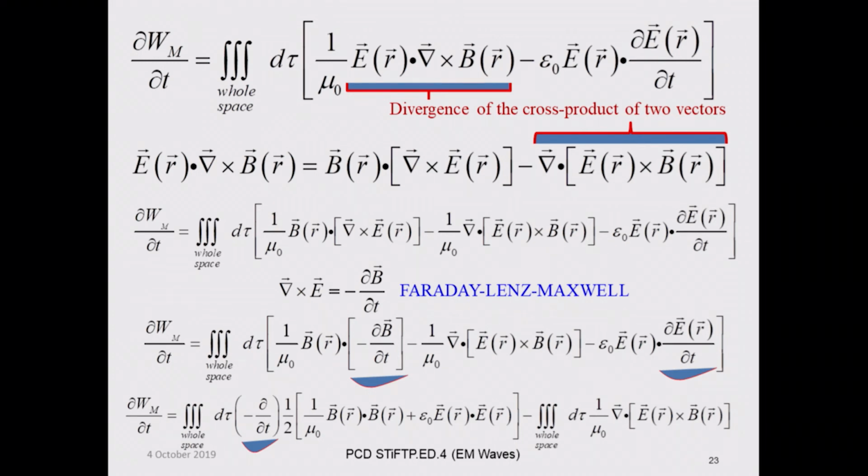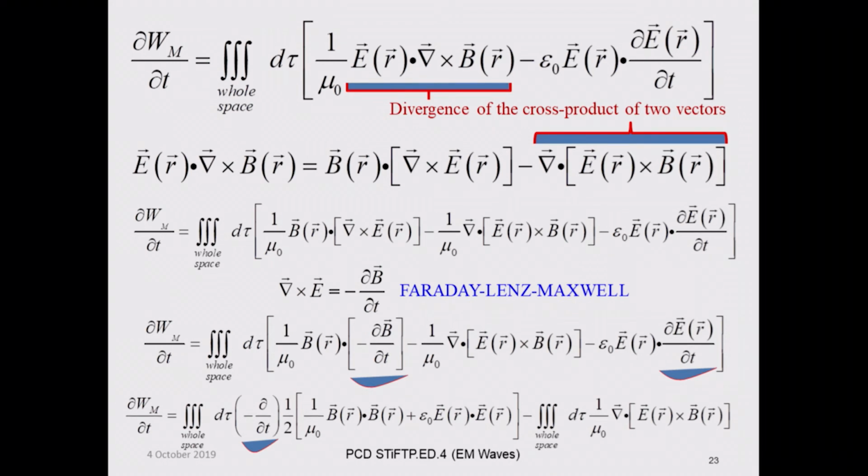All right. So, in the first volume integral you have got a factor of half. You see where it is coming from? It is coming from the time derivative of B dot B. So, you get B dot del B by del T plus del B by del T dot B, which is the same. So, you add the two, you get a factor of 2, and you need only half of it.